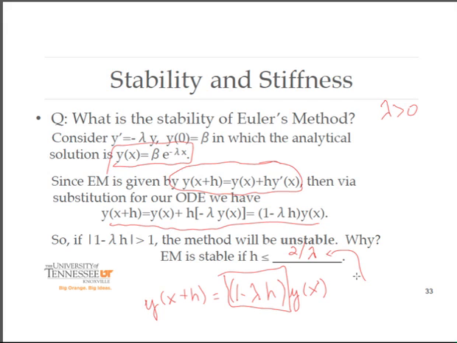If it's too big, the method has no hope of approximating the solution accurately. So this is what we mean by the stability of a method. And you can do this for every method, but you have to think about it in terms of the ODE and the initial condition, as we talked about earlier. Stability is determined by the method you choose, the ODE you're solving, and its initial condition.